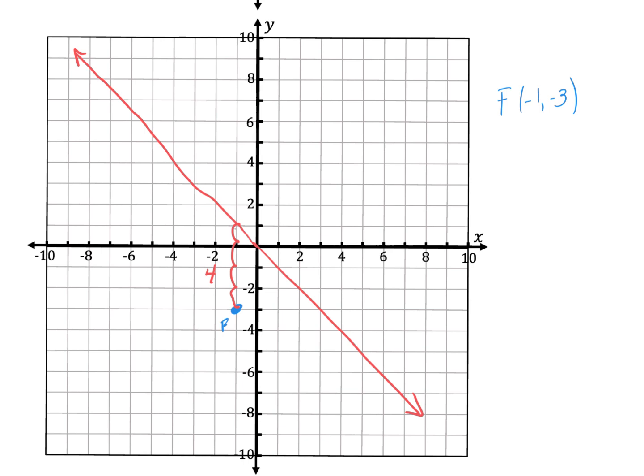And again, we need to get over the line. So since my point is left of my diagonal line, I'm going to count right 4. 1, 2, 3, 4. And so F prime is at positive 3, positive 1.